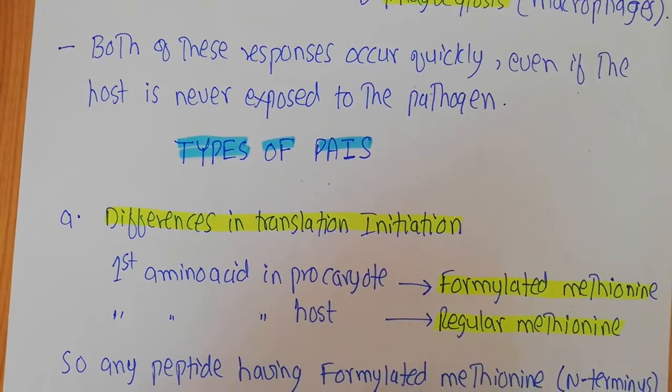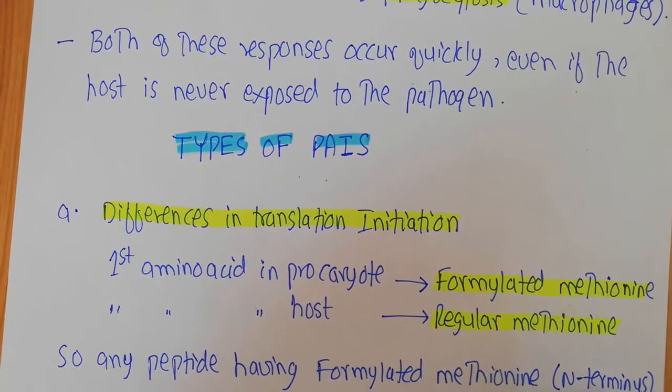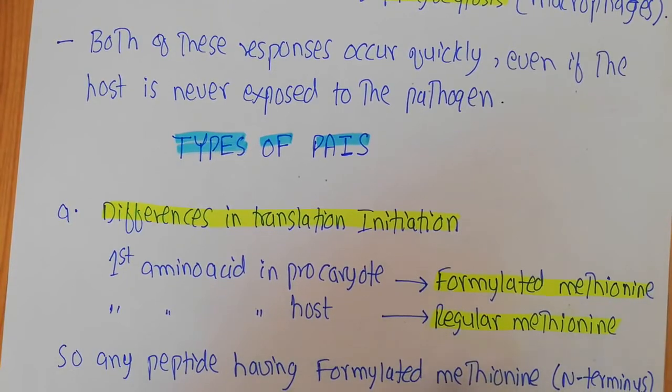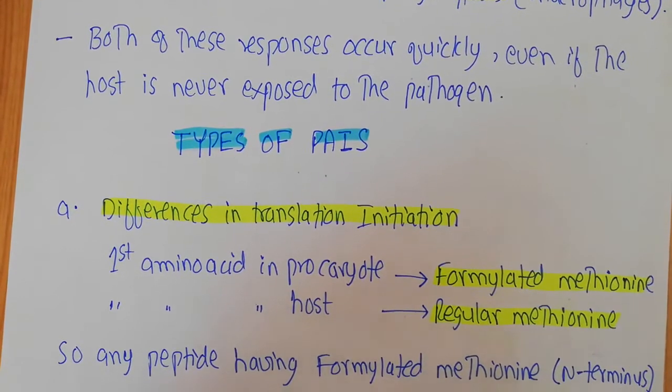So any peptide that has a formylated methionine at its N-terminus, because the N-terminus is the start position of the polypeptide, is of bacterial origin.